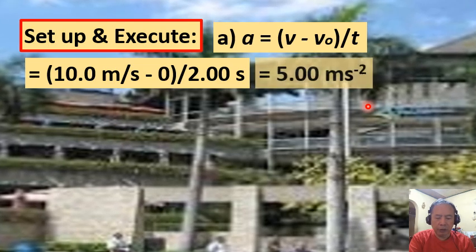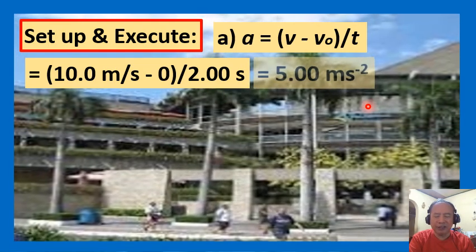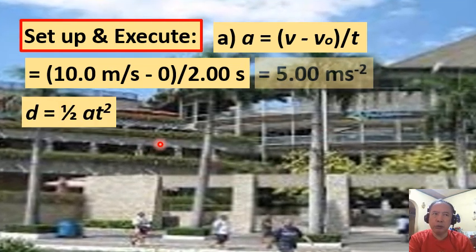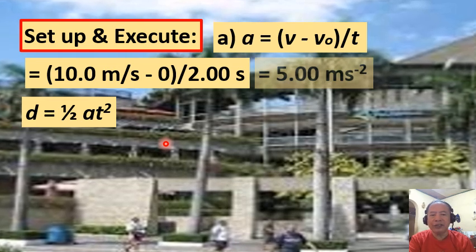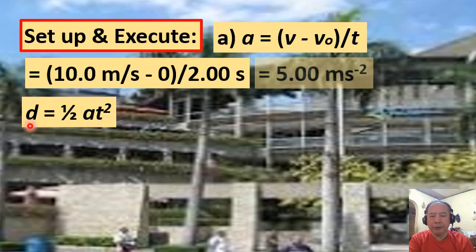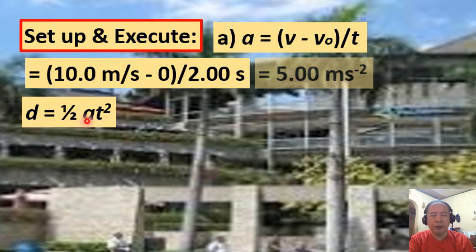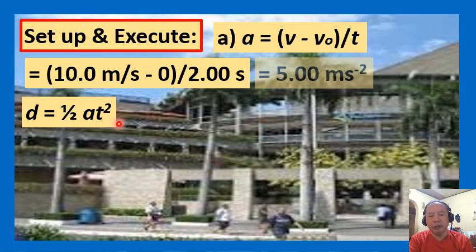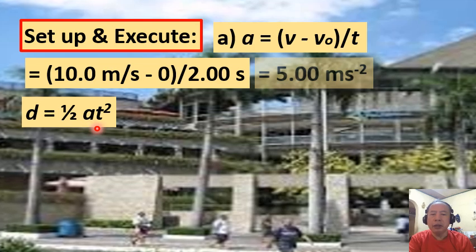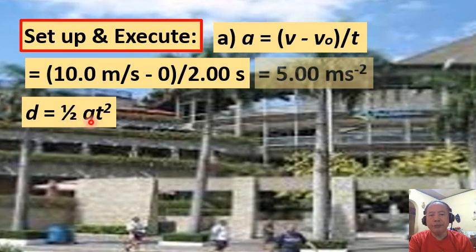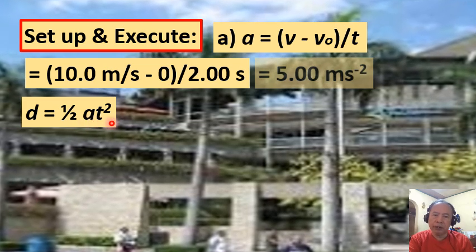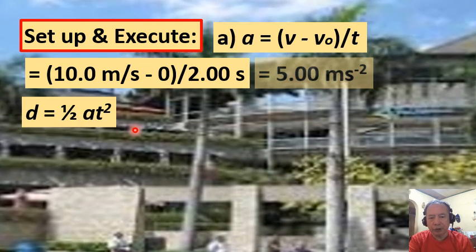Now, we can proceed in determining the distance covered by the sprinter in the first 2.00 seconds while accelerating constantly, using the formula d equals one half the product of the acceleration and the square of the time t. Since the initial speed is 0, we don't include it here.